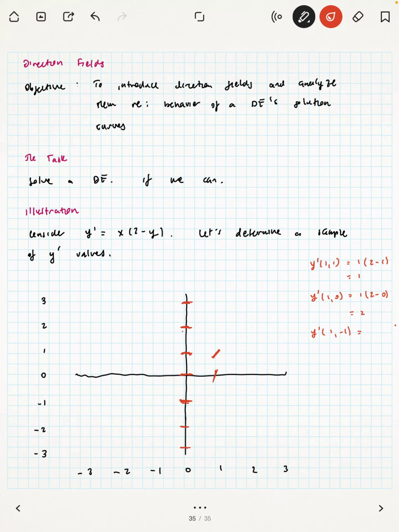That means we're plugging in 1 for x and negative 1 for y. So we're going to have 1 times (2 plus 1), which is 3. Okay, so it's getting sharper as we go down here. So it's going to get steeper and steeper.